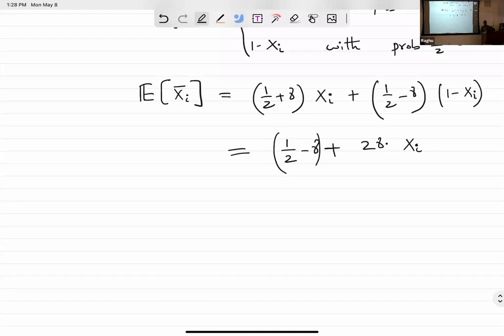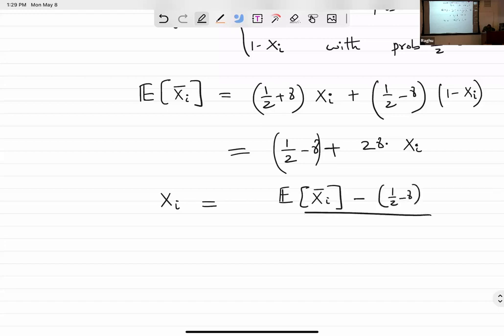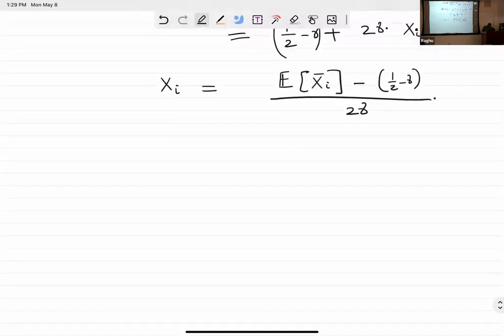I know the gamma. How can I correct and guess the true mean of the data set? Yeah, by the half minus gamma. Right. So if I reverse engineer this, I get this equation.